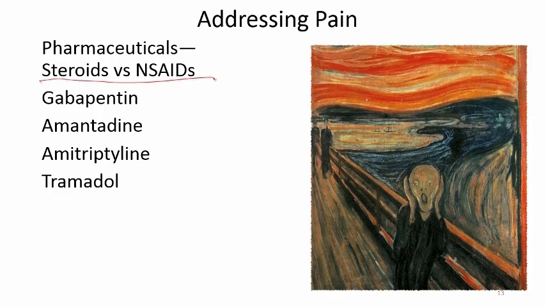But when we are dealing with pain like that, we need to remember to use other things. Now, gabapentin is, of course, for neurological pain. Amantadine and amitriptyline are also adjuncts, and gabapentin is too. Gabapentin needs to be used with something else: with an NSAID, with amantadine, with amitriptyline, or with tramadol.